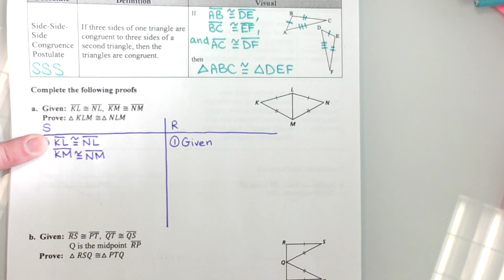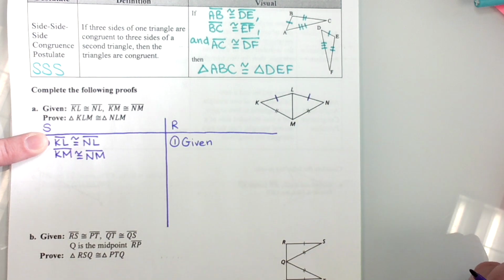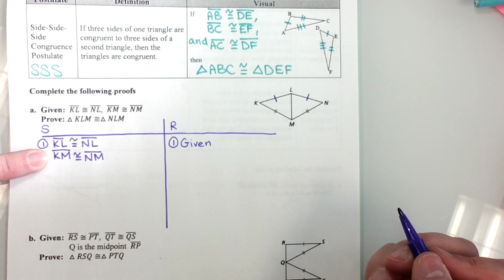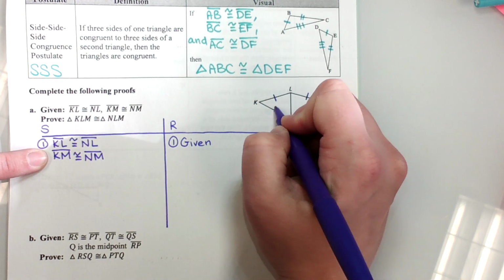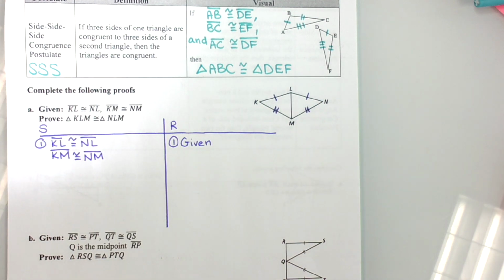KL is congruent to NL. Do you notice it's already got single tick marks there? Sweet. KM is congruent to NM. Also had tick marks there already. Most of the time it won't have the tick marks for you. But put them on the picture. That's going to help you differentiate between when you use side-angle-side, side-side-side, and then the other two that we haven't talked about yet.